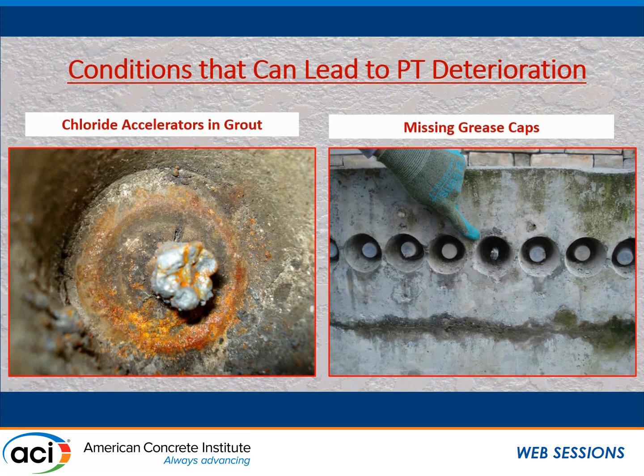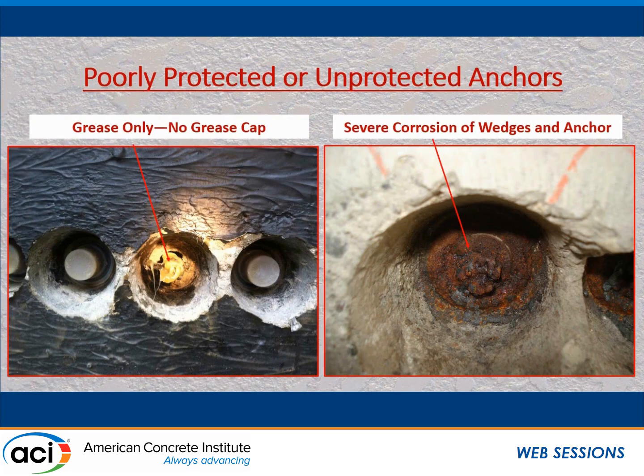And then on the right, a missing grease cap. Through various inspections that we work on with engineers, we want to open up and just see what the condition is. Lo and behold, we open up one spot, no grease cap. You don't know why, but it just isn't there. And then in the same structure, we open it up, take out the grout, and the grease cap was there; someone took it off and grouted it.